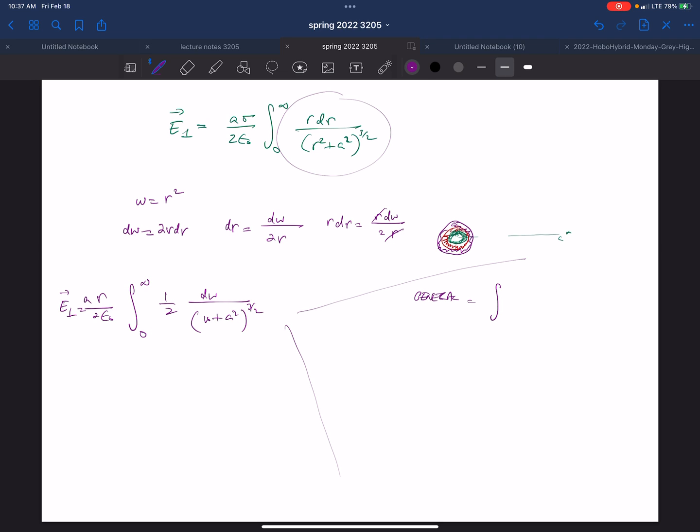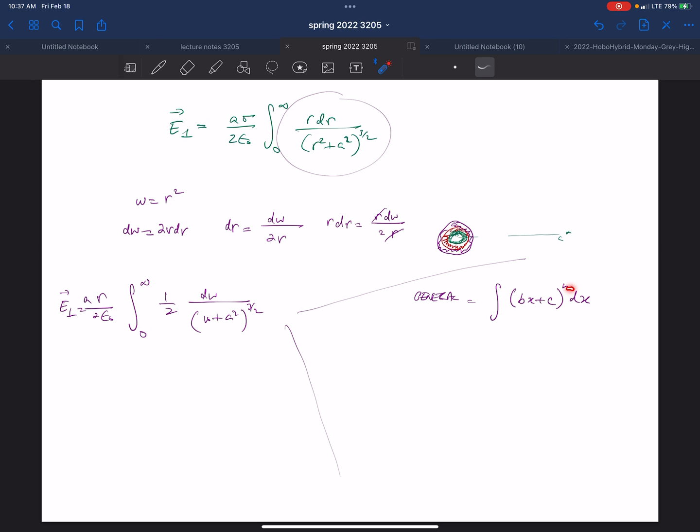There is a solution for the integral of (bx plus c) to the n dx. So what does that look like? Well, in this case, b would be 1, x is the same as w, c is the same as a squared, and n is minus 3/2.